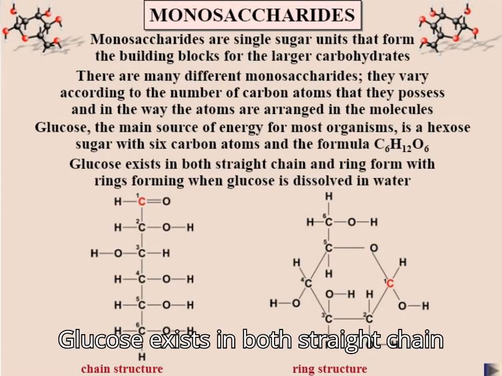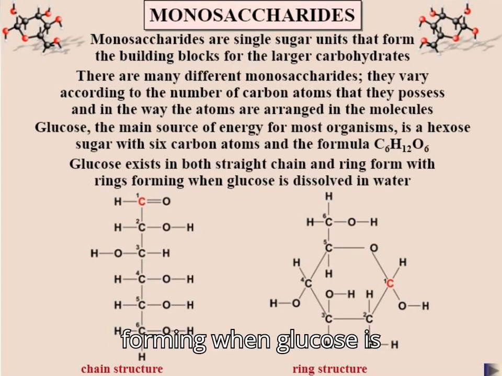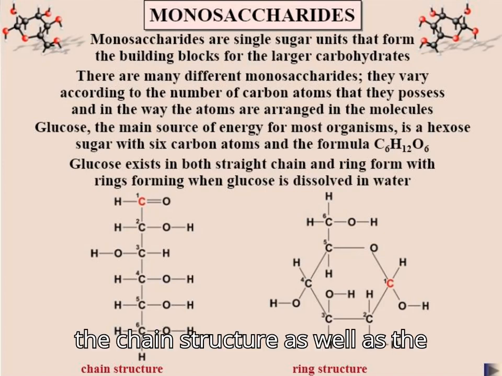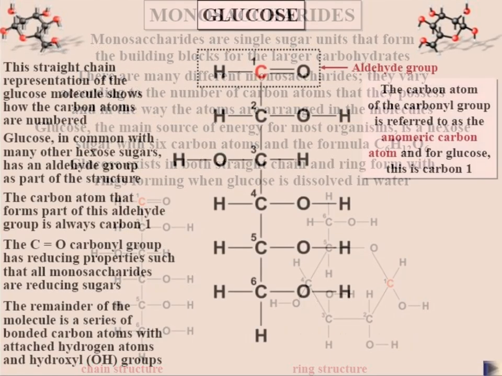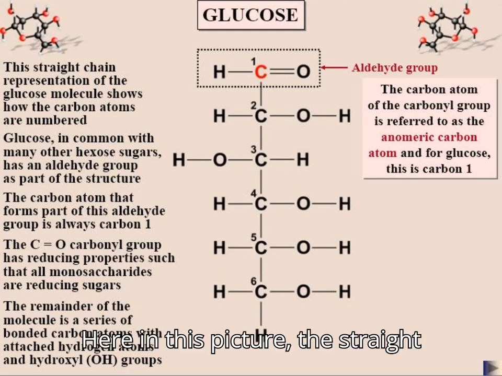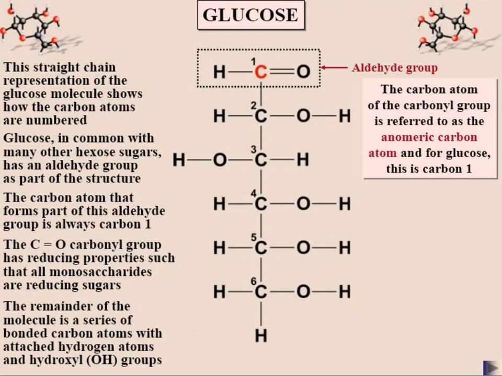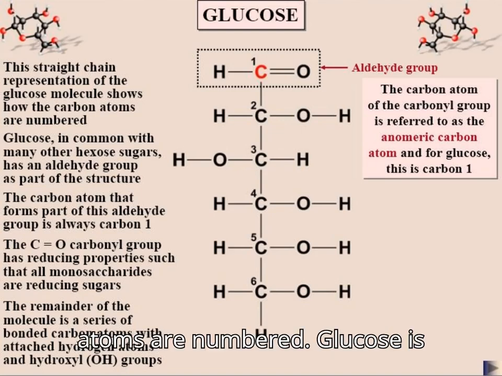Glucose exists in both straight chain and ring form, with rings forming when glucose is dissolved in water. Here in this picture, you can observe the chain structure as well as the ring structure of the glucose. The straight chain representation of the glucose molecule shows how the carbon atoms are numbered.